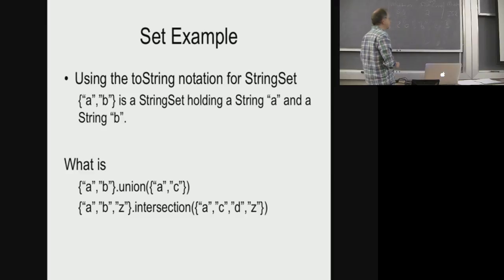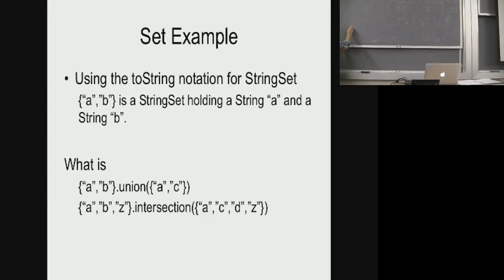If it creates a new set and returns it, that should be ABC, right? And the intersection one, what's the intersection of these two? Yep. A and Z. So you go through, the way I do is look at the first one. So actually, here's the tricky part. You look at the first one and say, okay, I have an A here, and an A here. It's in both of them, so that's what we need for the intersection.